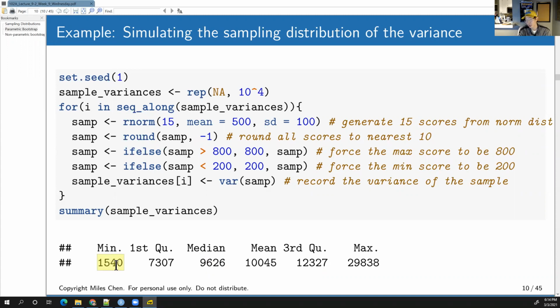Okay, so that's like almost everybody got the same score on the SAT verbal there. And on the upper end, the largest amount of variance we observed is close to 30,000. Okay, so quite a large variance. Q3 is around 12,000, Q1 is around 7,300, things like that.